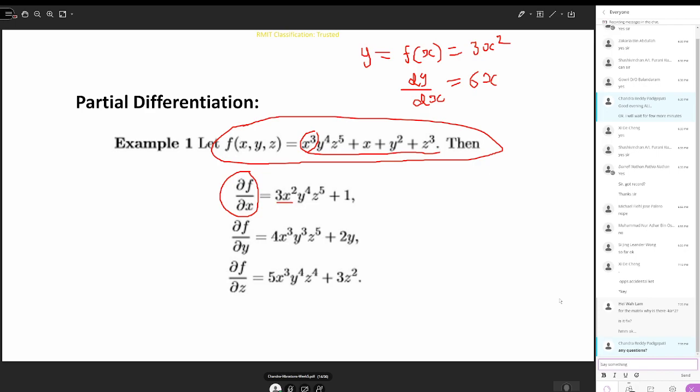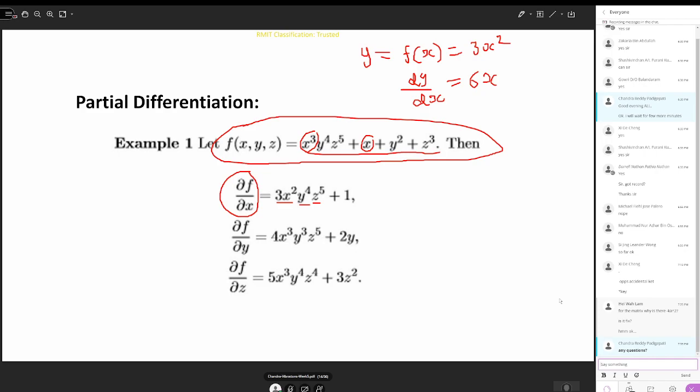The other variables, y to the power of 4 and z to the power of 5, we treat as constants, so we just write y to the power of 4, z to the power of 5. Then the derivative of x with respect to x gives 1.